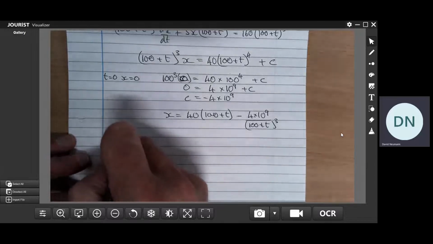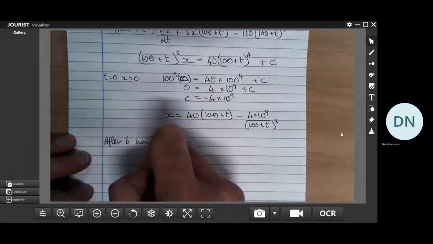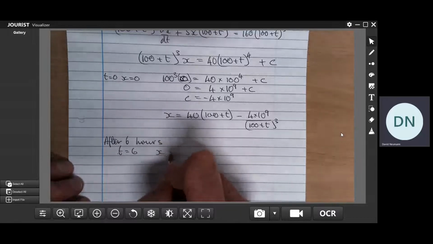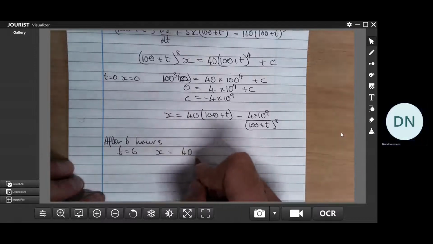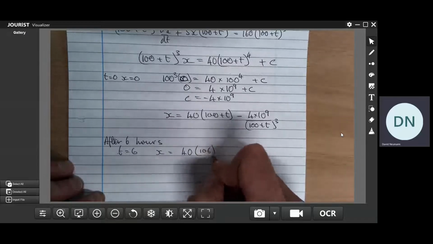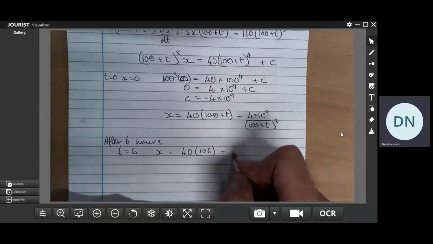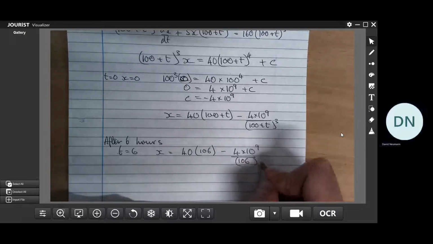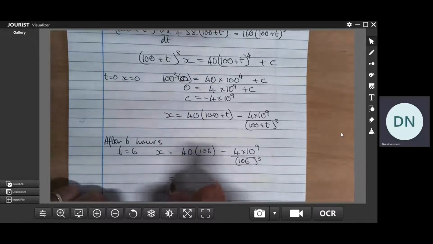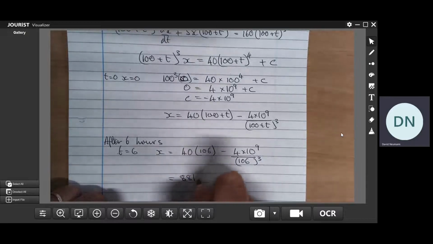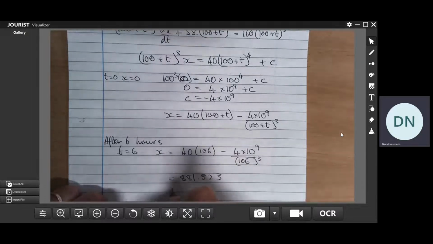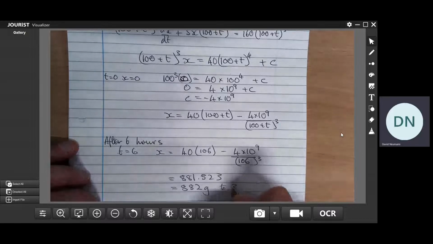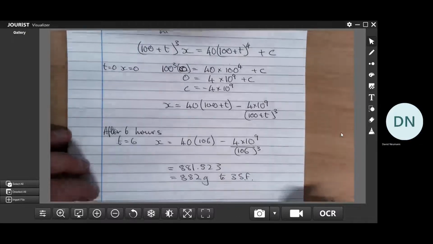So after 6 hours, t equals 6, we've got x is equal to 40 times 106 minus 4 times 10 to the power of 9 over 106 cubed, and that comes out to 881.523, which is 882 grams to 3 significant figures.